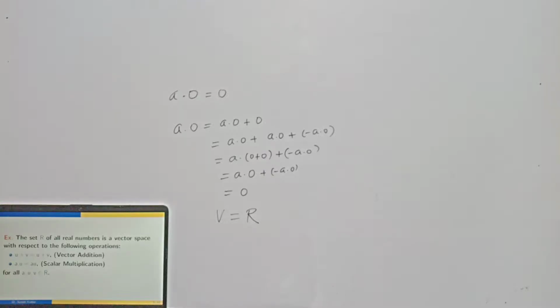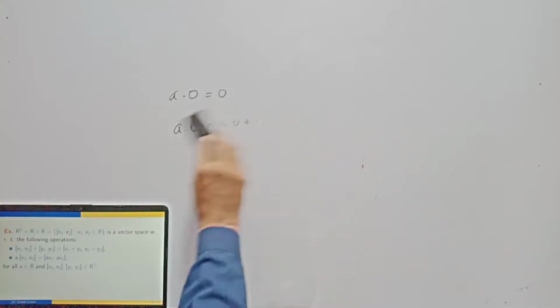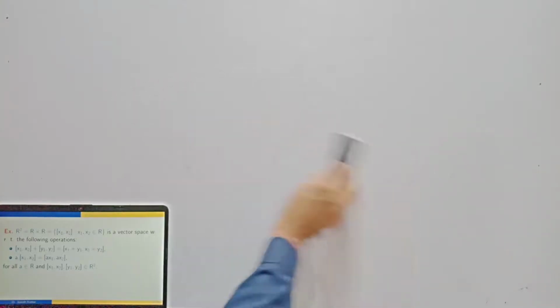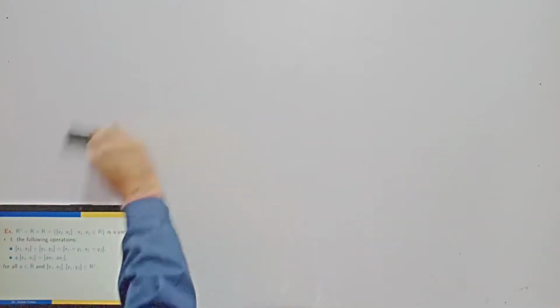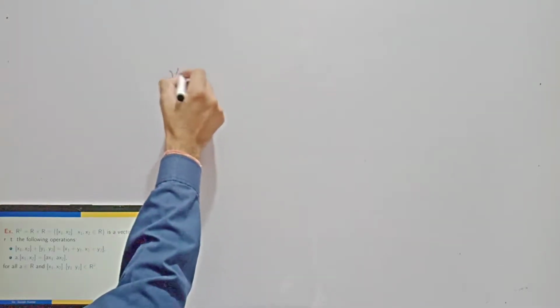Got it? Let's see a different example that will give you the idea of vectors, in fact how vectors can be different from scalars. Here, the set V is R2.